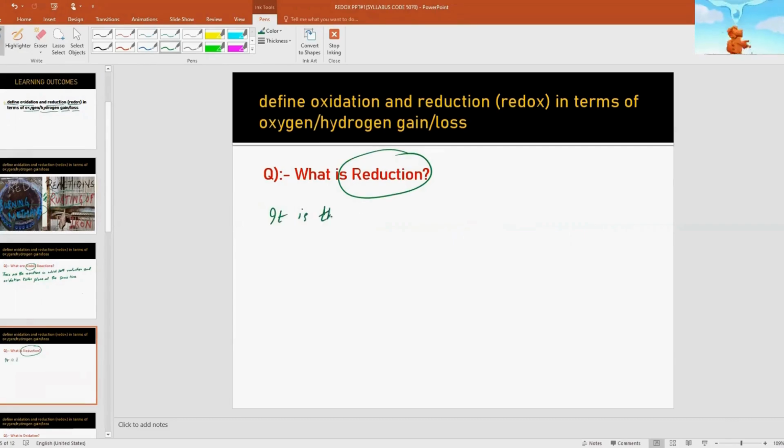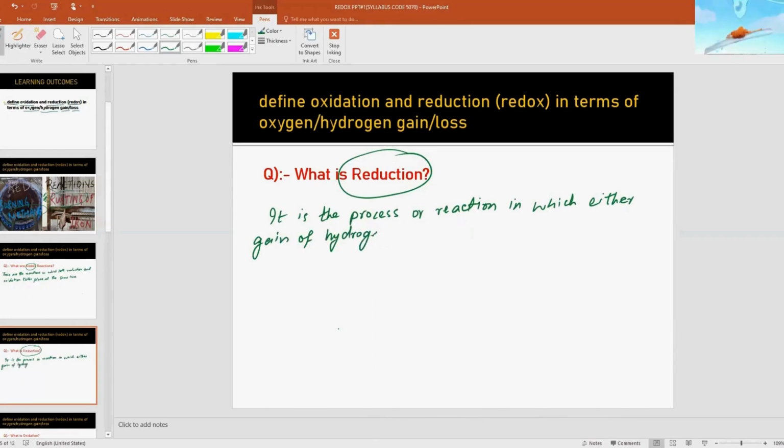It is the process or the reaction in which either gain of hydrogen or loss of oxygen takes place.